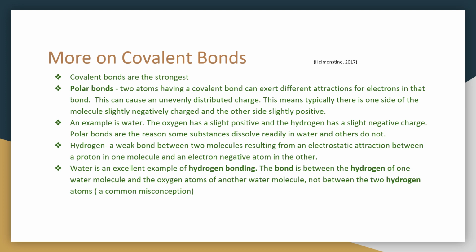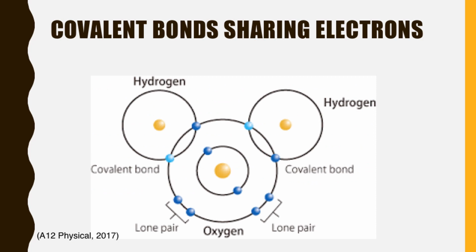It's actually the bond between the hydrogen of one water molecule and the oxygen atom of another water molecule that makes that bonding. Here is an example of covalent bonds sharing electrons, this being H2O, water. You see where the covalent bond is on the outer shell of the oxygen.